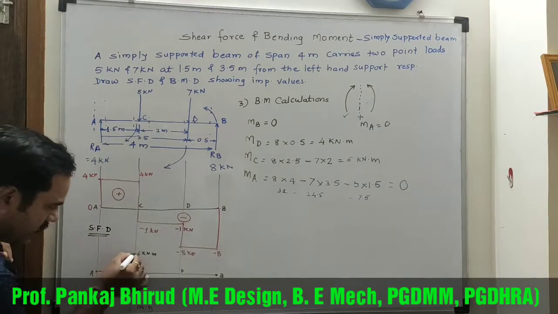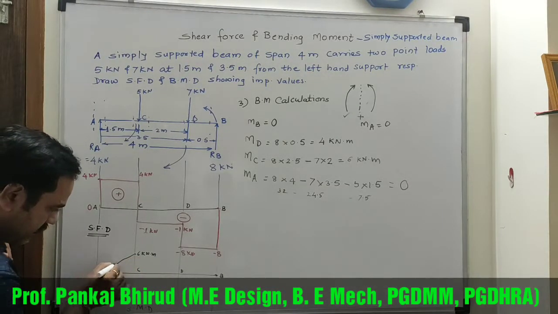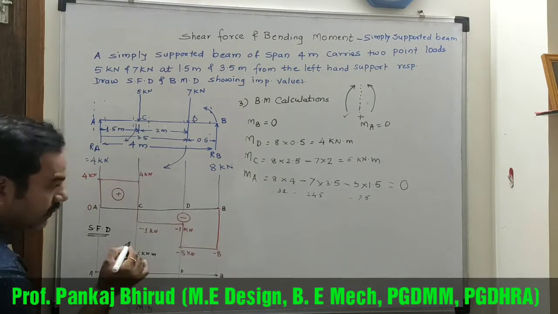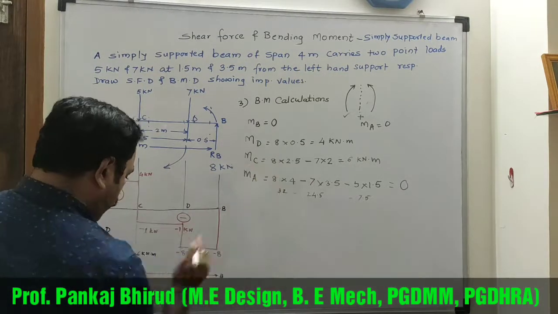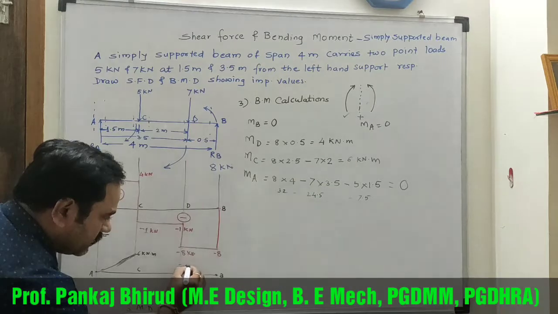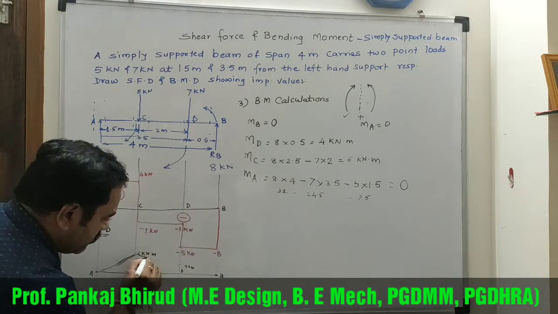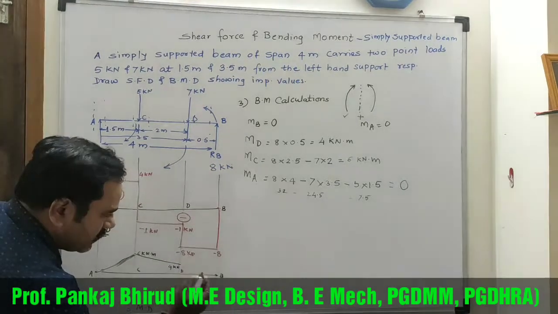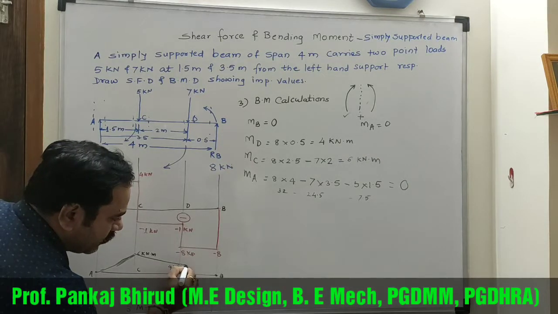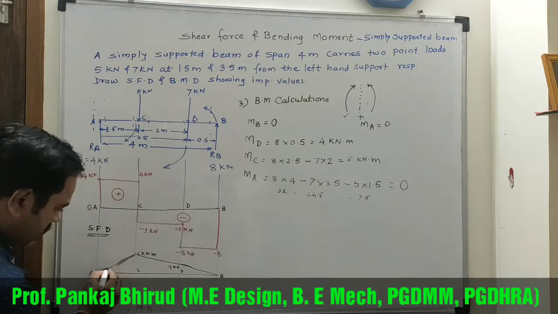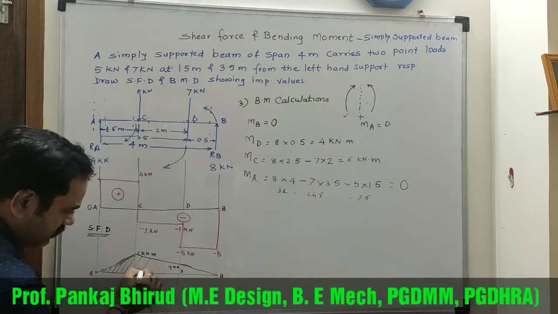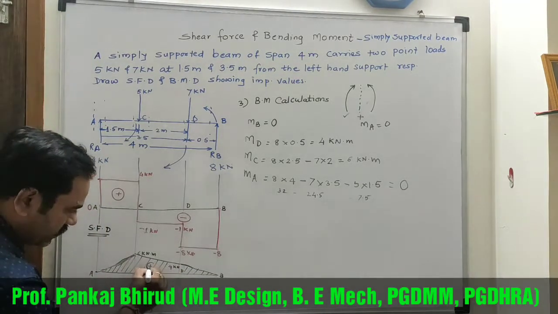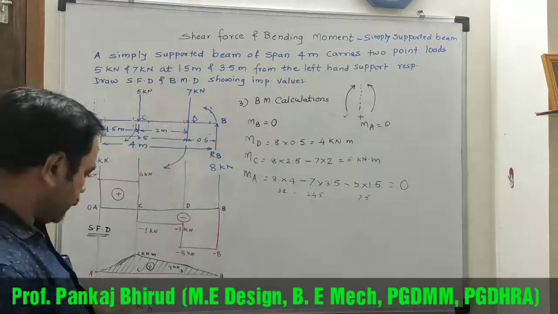So from 0 to 6 it is an inclined line, slant line. Then at D it is 4. So mark 4 kilonewton meter. So it is also a slant line. And at B is 0. So this bending moment is in the positive portion. So bending moment is positive.